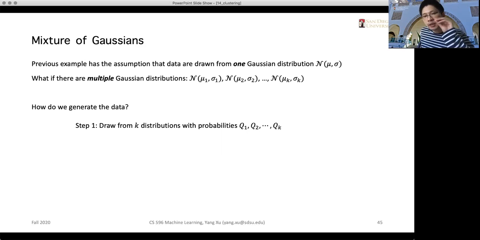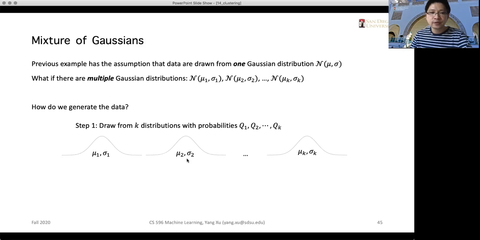We want to draw from k distributions with probabilities, right? So we assume that they are not equally likely to be drawn from. Each distribution has a probability from Q1 to Qk.